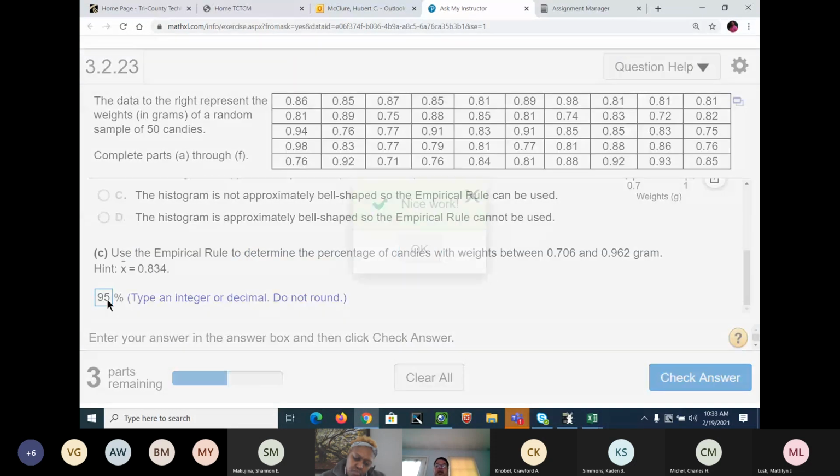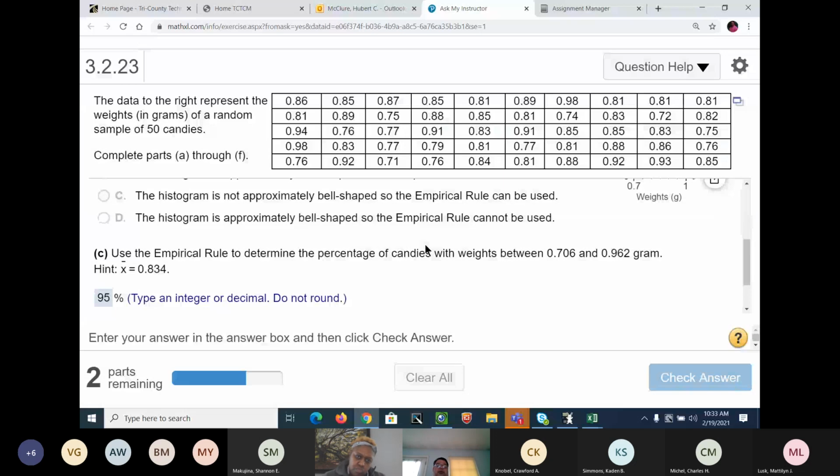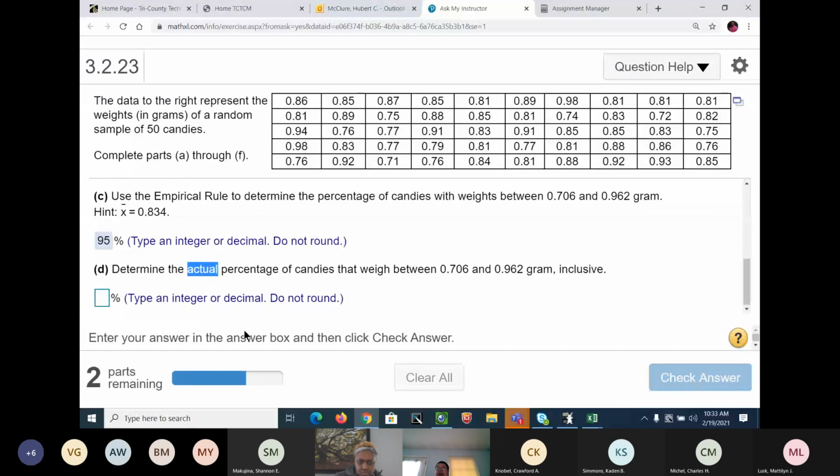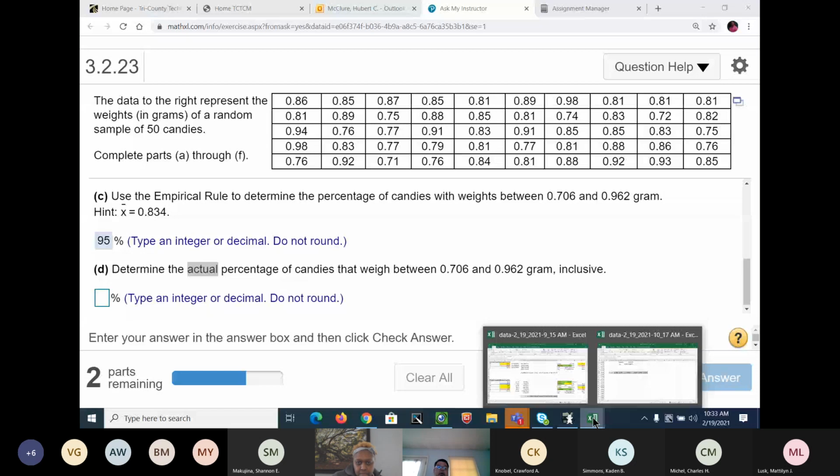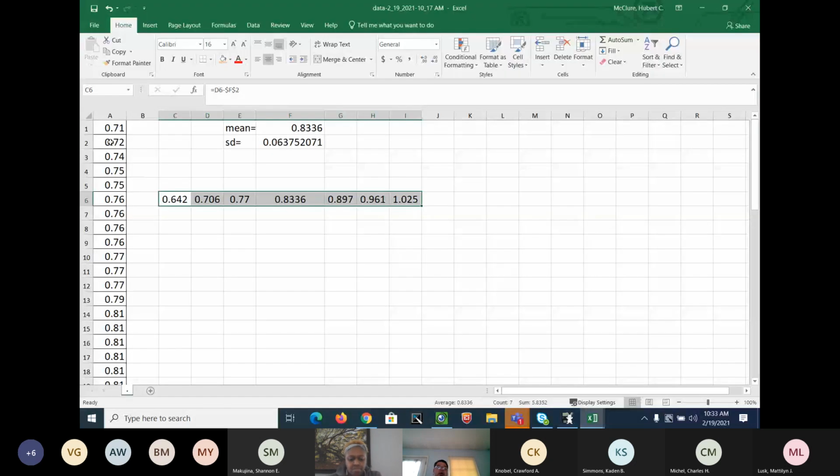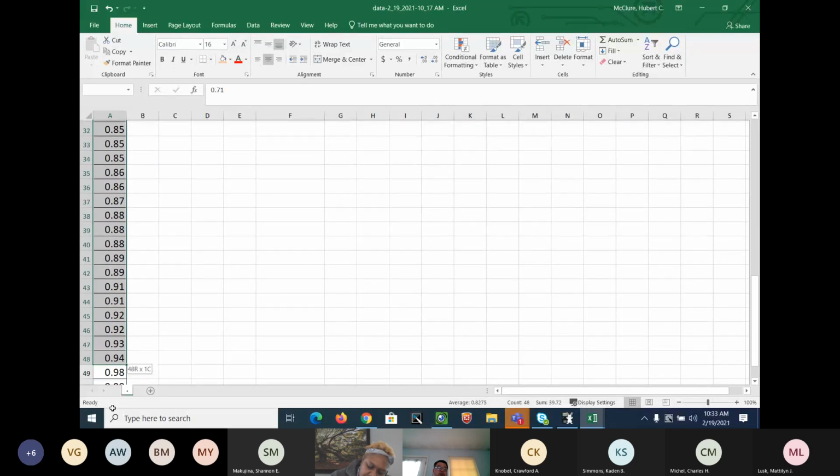Now it's going to ask you to count. I want you to highlight the word actual. Actual means they want you to count the numbers between 706 and 962. So you go to your spreadsheet, and that's why you put it in order. 706, which is all of these, and 962 or 961.